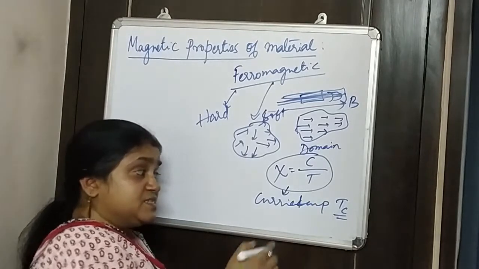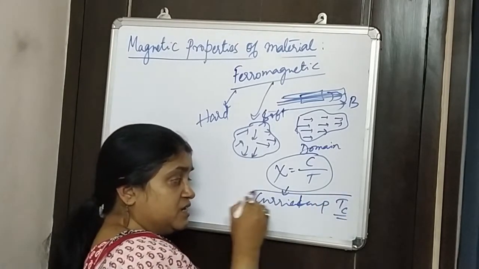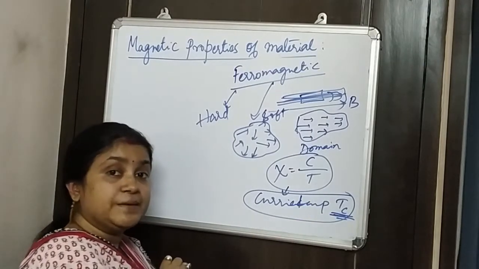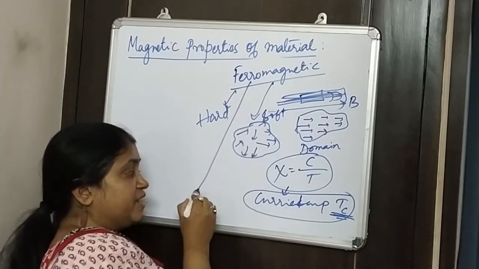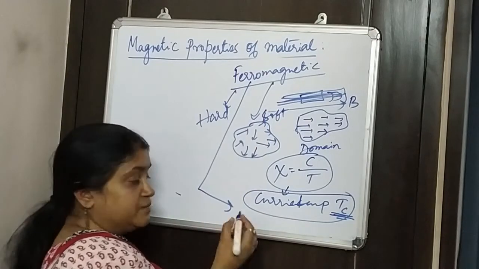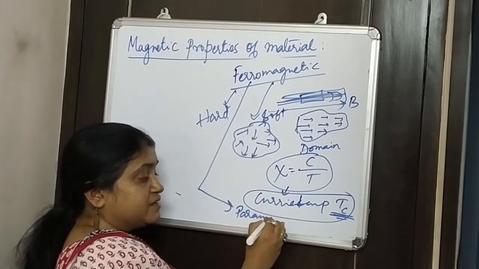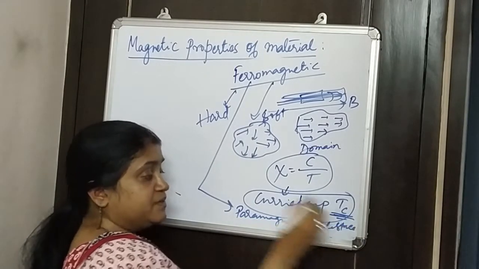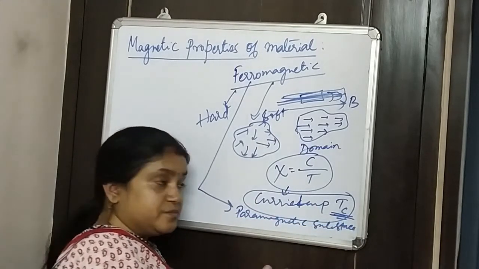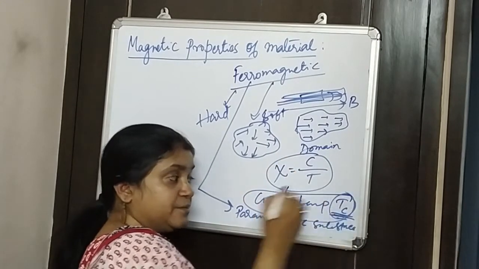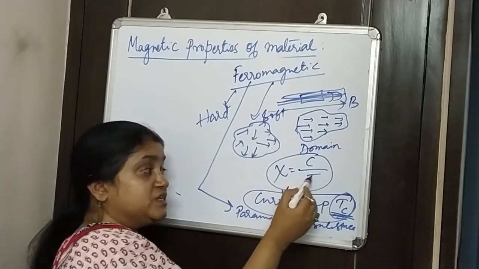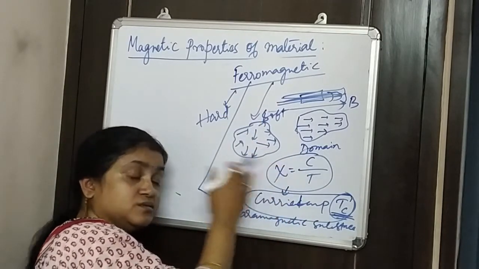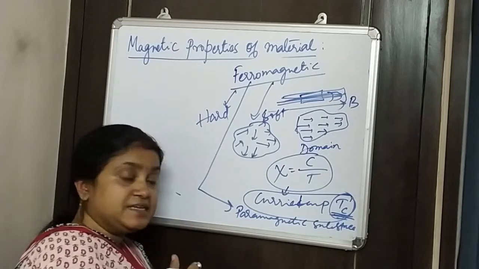What happens if you still increase the temperature beyond this particular temperature? The ferromagnetic substance would convert itself to a paramagnetic substance. So they would start behaving like a paramagnetic substance after a certain temperature called Tc, when you increase the temperature slowly for a ferromagnet, and that's how the susceptibility is decreasing.